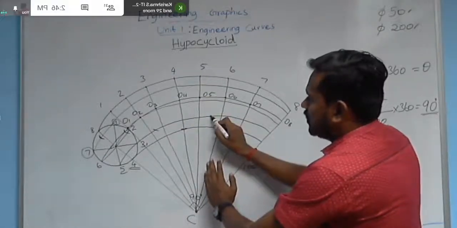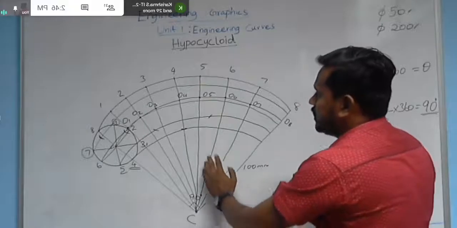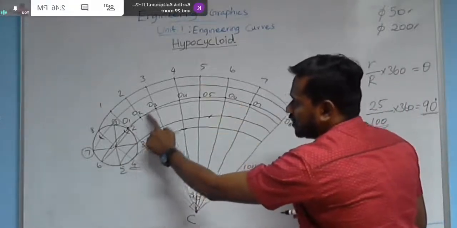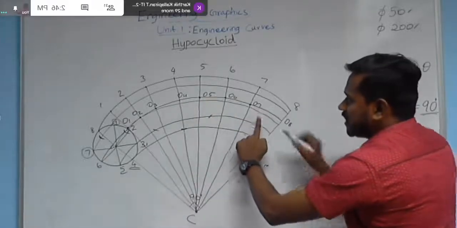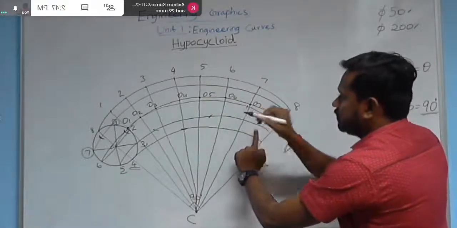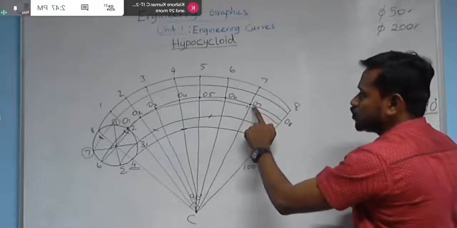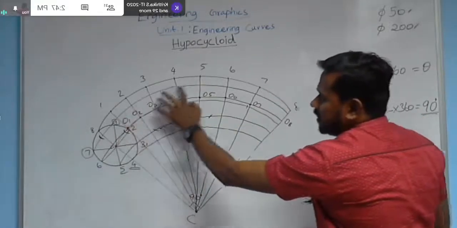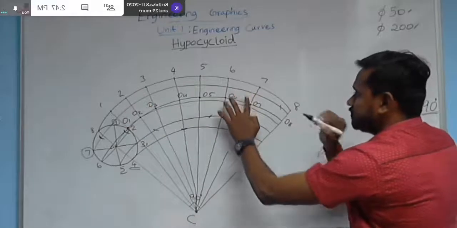So cut arc here. And the same way, make O6 as a center, and this is nothing but the arc drawn from the 6, cut one arc. And finally, O7 as a center, from the arc drawn through 7, cut one arc.